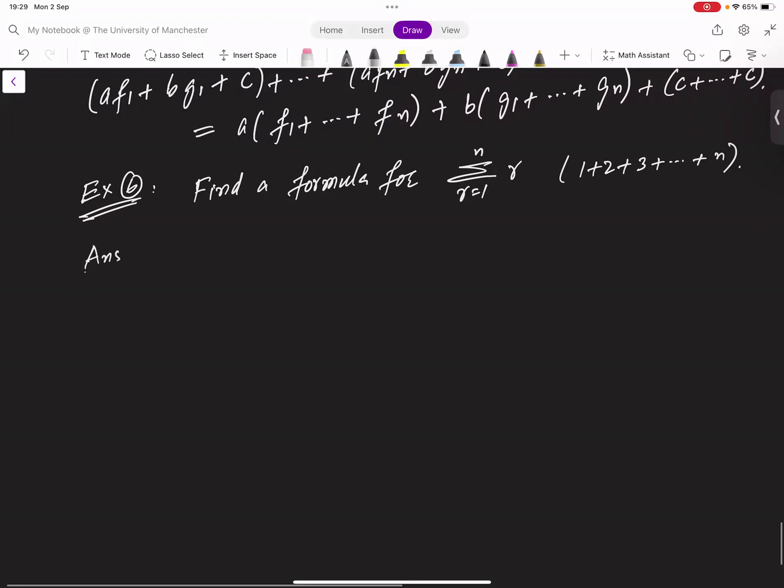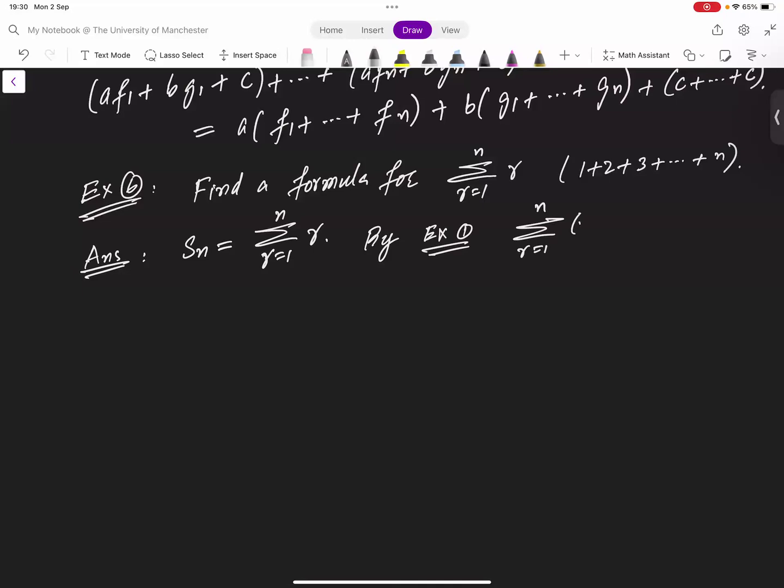The answer could be, we denote S_n for the sum, and by example 1, which is written at the start of this chapter, the sum for r from 1 to n of 2r minus 1 is n squared.